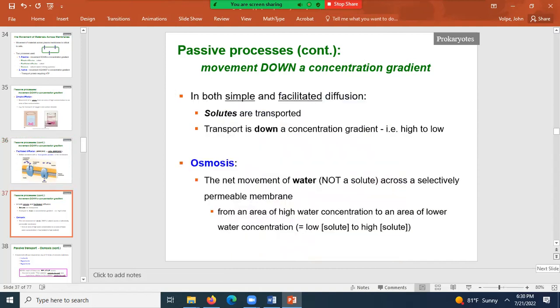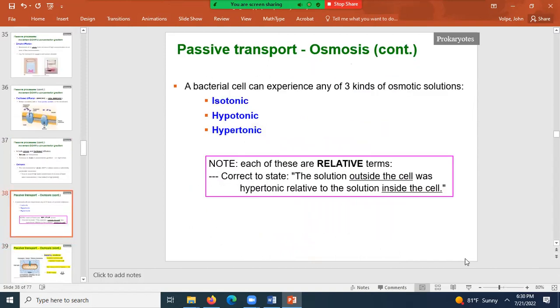We talked about osmosis. When we're talking about water moving into the cell, it's important to realize that a bacterial cell can experience 3 kinds of osmotic solutions. There can be an isotonic solution, a hypotonic solution, or a hypertonic solution.